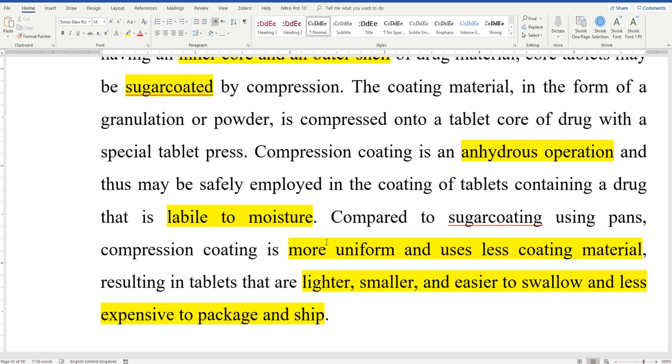But with this method, you can control it better. It's also lighter, smaller, and easier to swallow. Meaning the coating material in this case can be less than the conventional sugar coating, but of course it will be much more than the film coating. Also, it's less expensive to package and ship because it's smaller, and this is the reason for that.